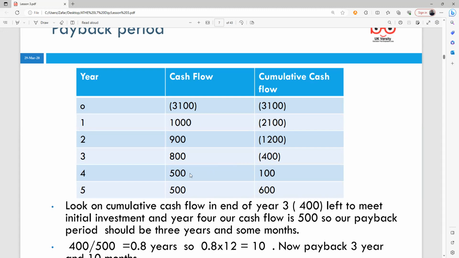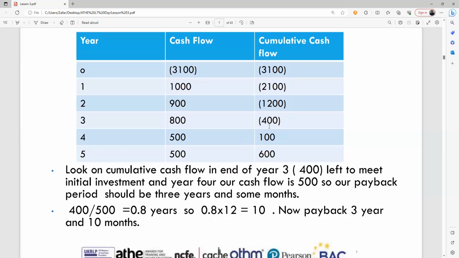Your positive inflow is 100 and your negative is 400. You need to know how many years it will take to recover the project money, so it will lie between 3 years and 4 years.